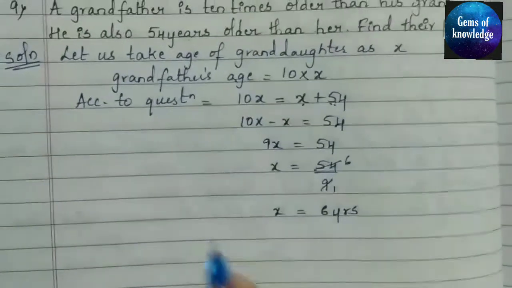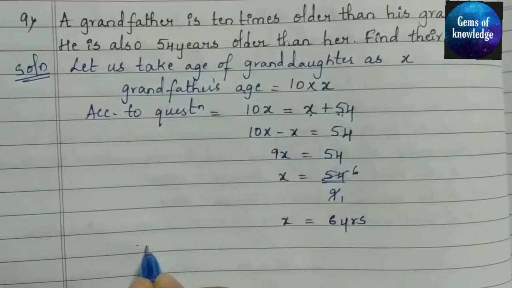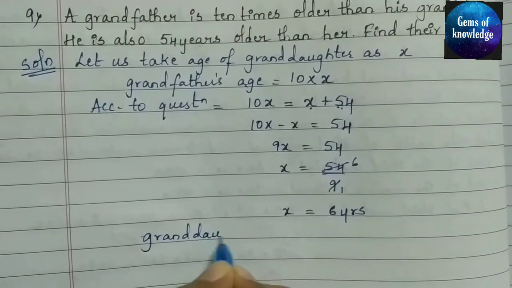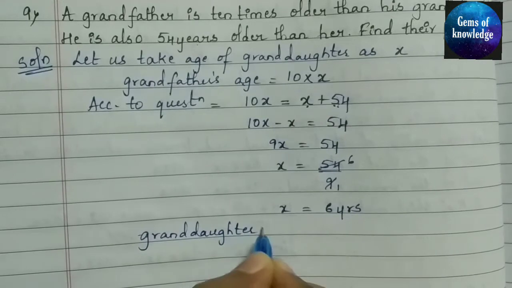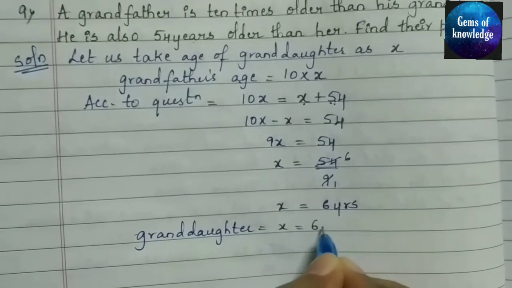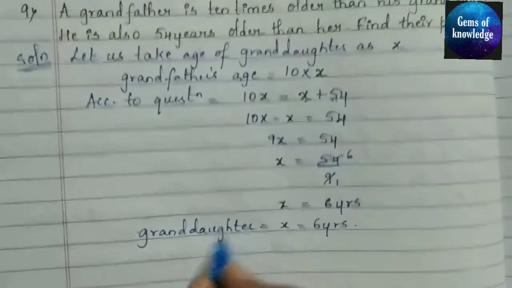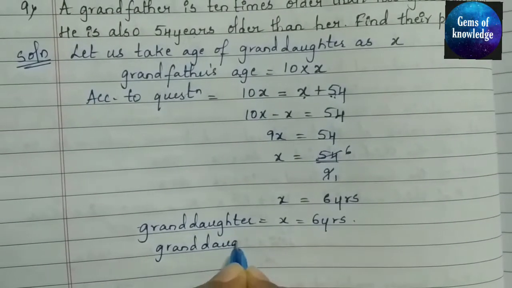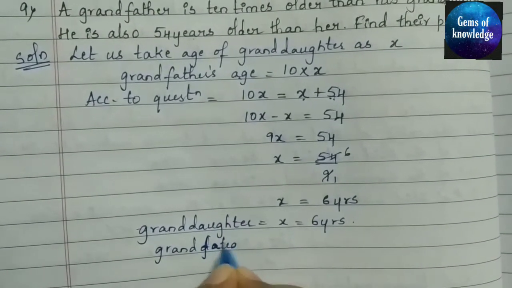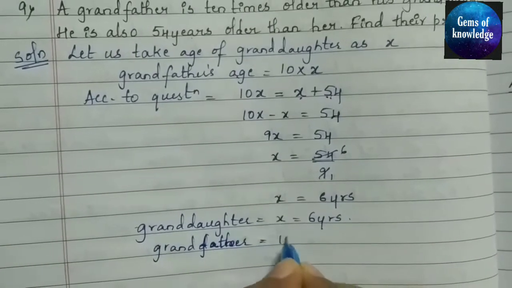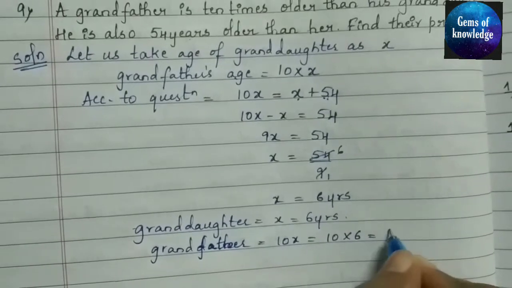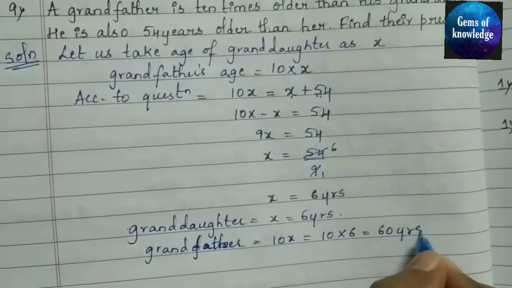Now let us check. Granddaughter is x years, which means she is 6 years, and grandfather is 10x. So 10 into 6, he is 60 years old.